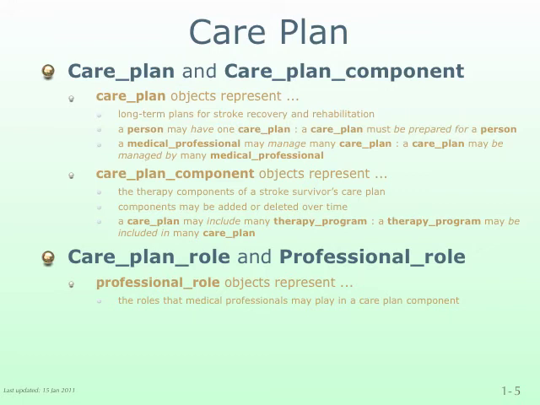For example, these roles might include the role of prescribing a therapy or consulting in the use of a therapy. And there are care plan role data objects that represent the actual roles played by a particular medical professional in managing a specific component of a particular stroke survivor's care plan.